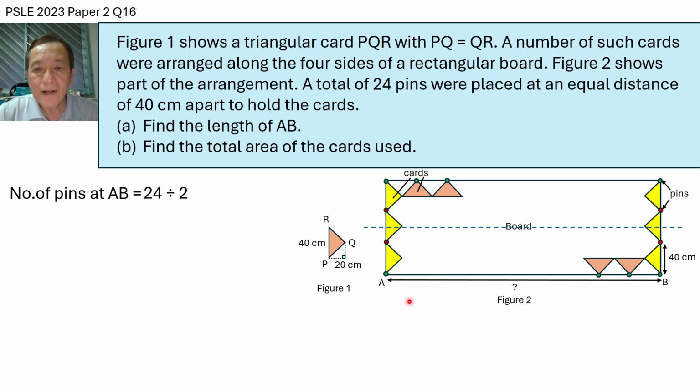But we are interested in the number of pins on AB. There are two extra red pins that we have to subtract. So 12 minus 2 equals 10. There are 10 pins along AB.